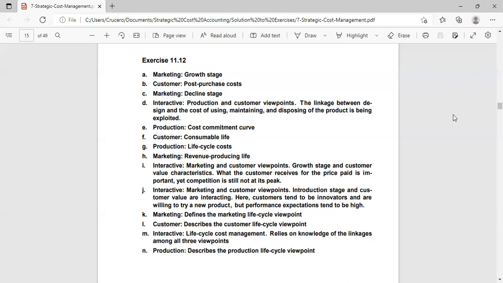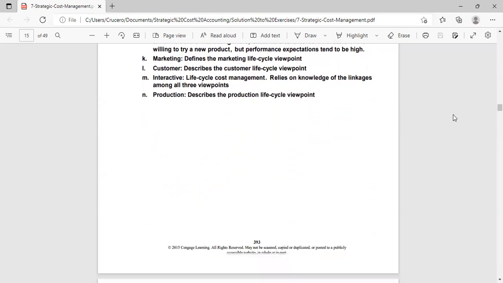Interactive life cycle cost management relies on knowledge of the linkages among all three viewpoints. And the last emphasizes internal linkage activities that are needed to develop, produce, market, and service products. We have production, describes the production life cycle viewpoint.